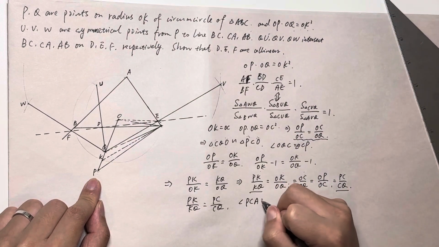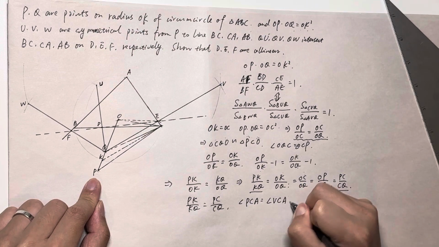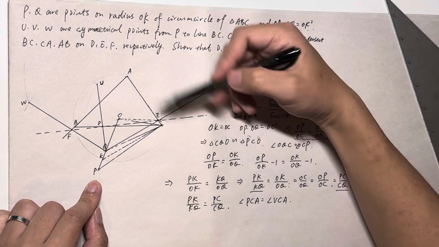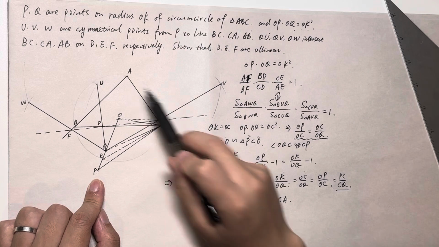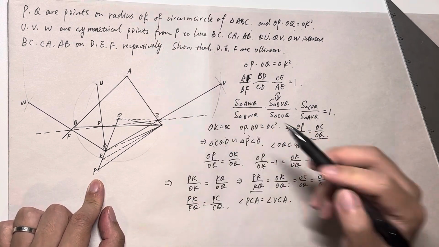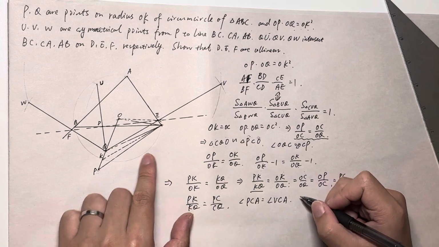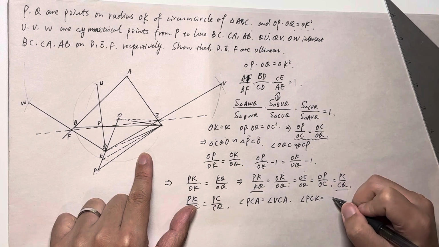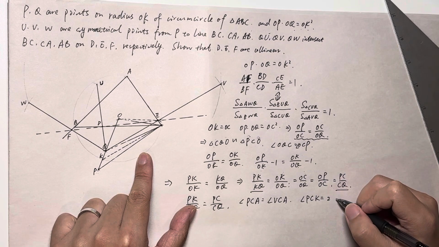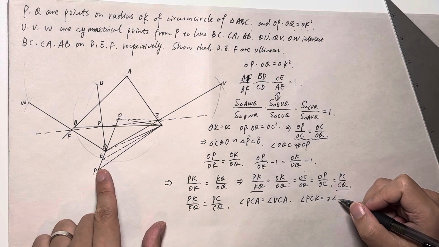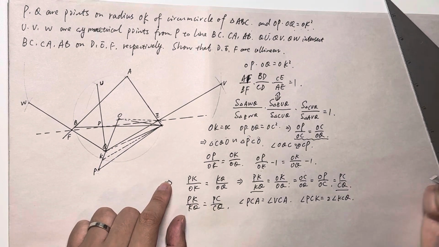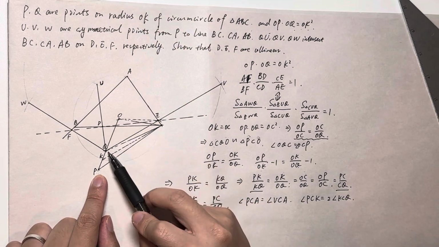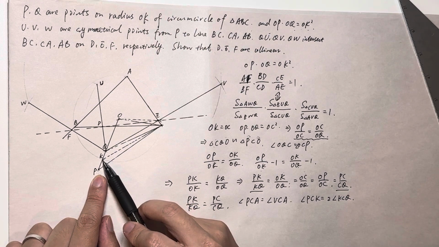Angle PCA equals angle VCA, because P and V are symmetrical about AC. And because angle PCK equals twice angle KCQ, right? PCQ is twice KCQ.